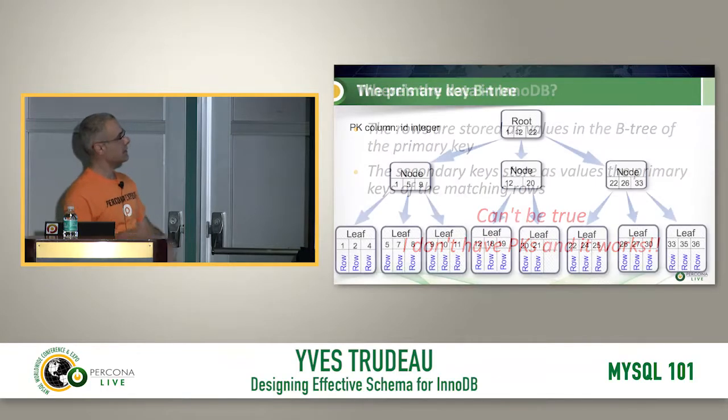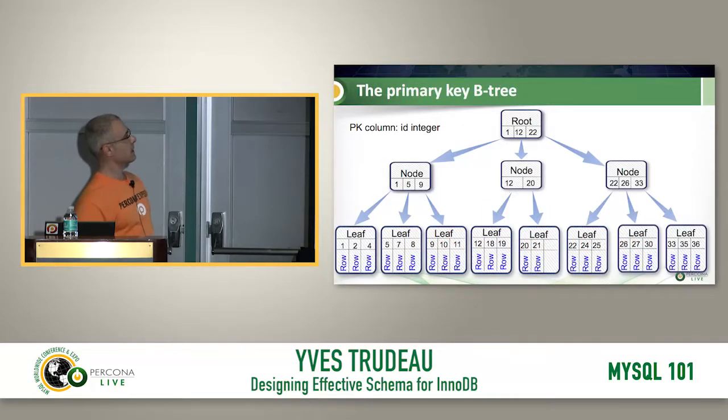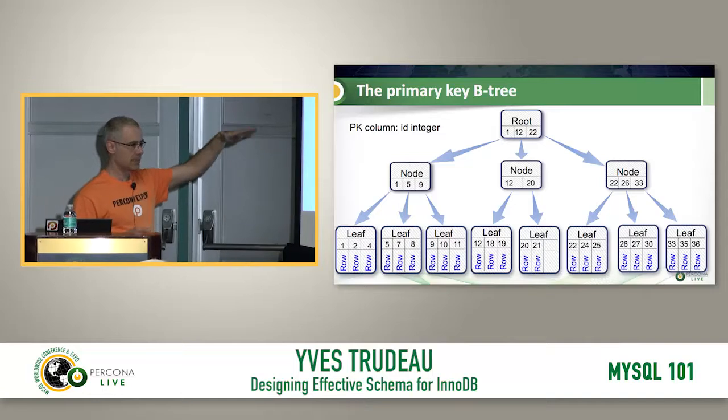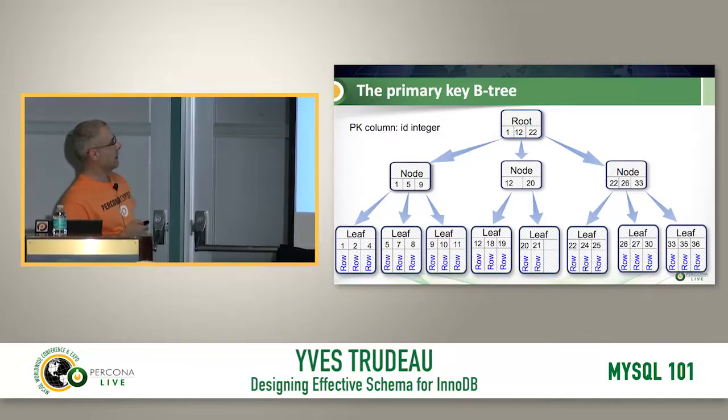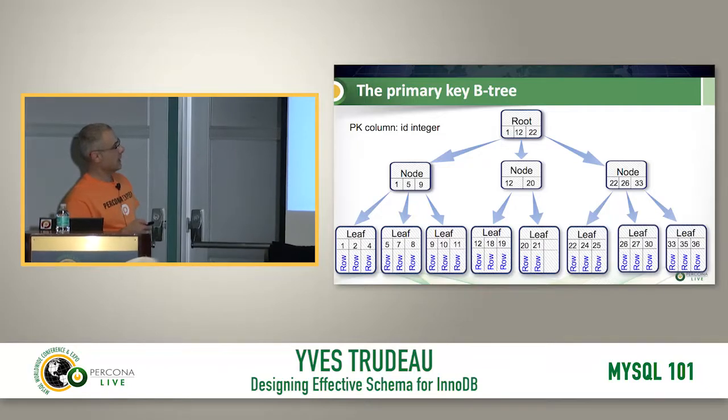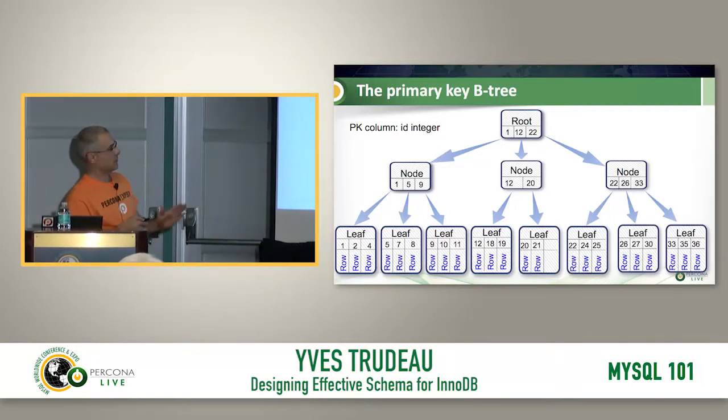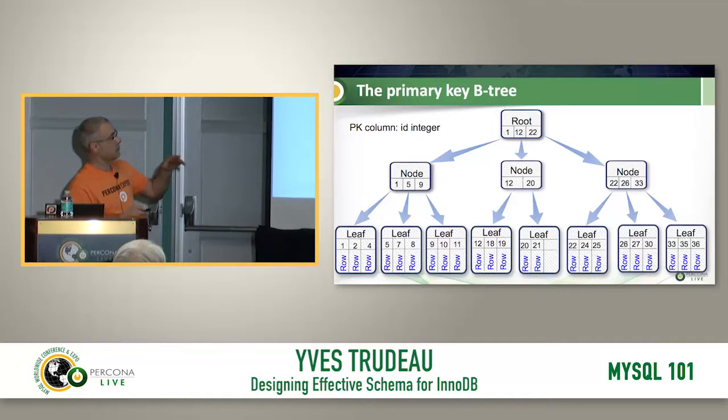So let's look at a B tree, the way it looks. It starts with a root node. The root node is really the handle that MySQL has on the table. When you access a table, it starts by the root node, and then it processes the memory structure. So here, it's an integer. Normally, there are many more entries.